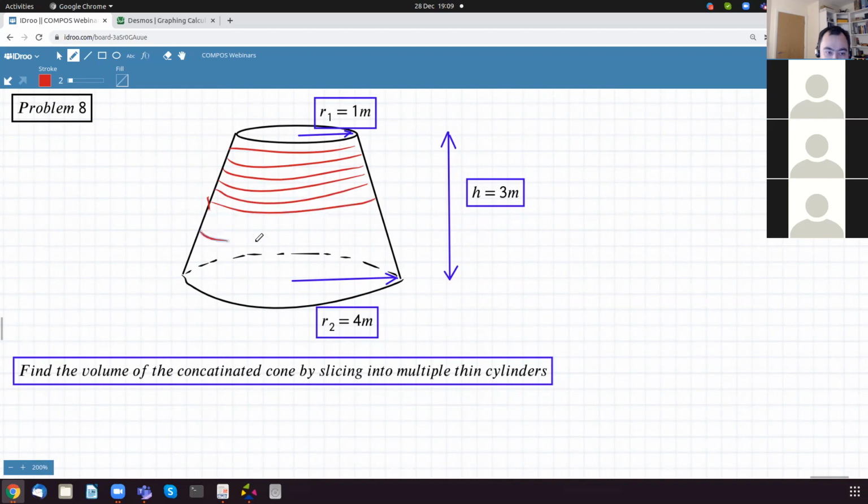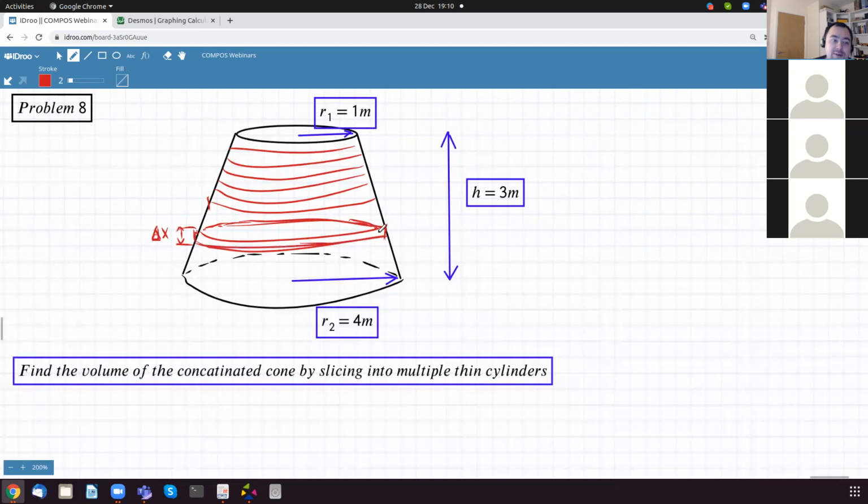So let's take this slice here. And it has a height of delta x. And we can assume that it is a cylinder because the radius doesn't change much, because it's almost flat.